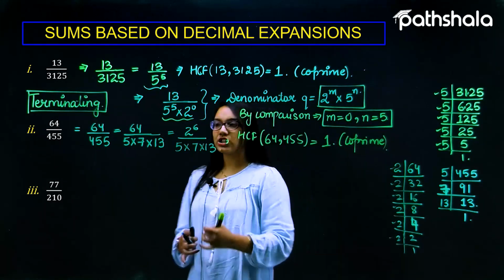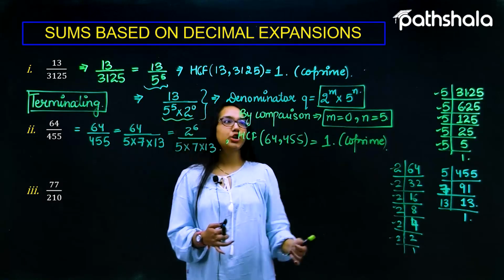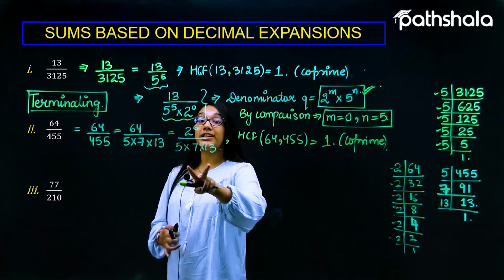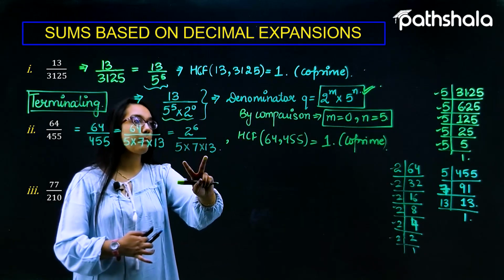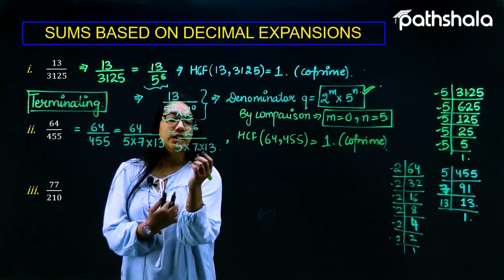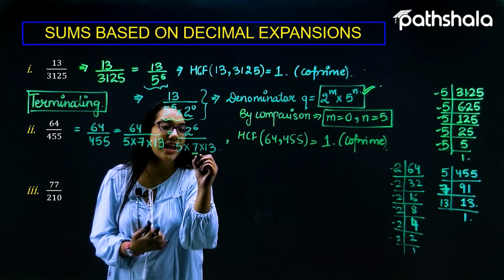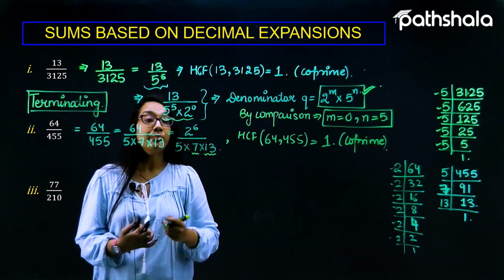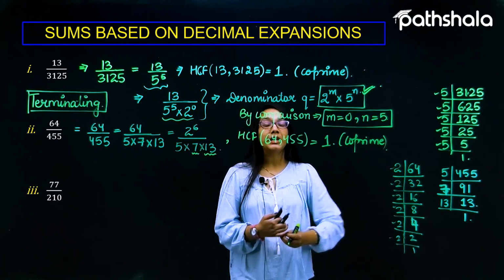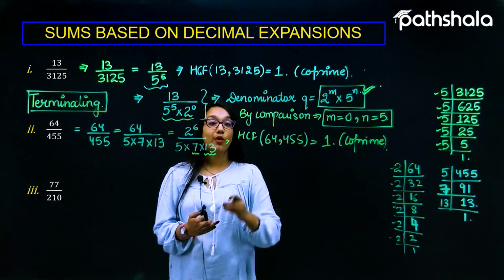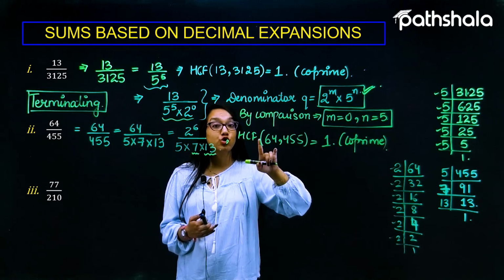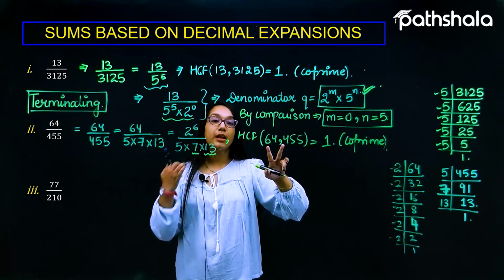The second condition says that the denominator should be of the type 2 raised to the power m into 5 raised to the power n. But it is not of that type, because it has the factors 7 and 13. It is a necessary condition of the theorem that it is terminating only if the denominator has only the factors 2 and 5 with their powers.